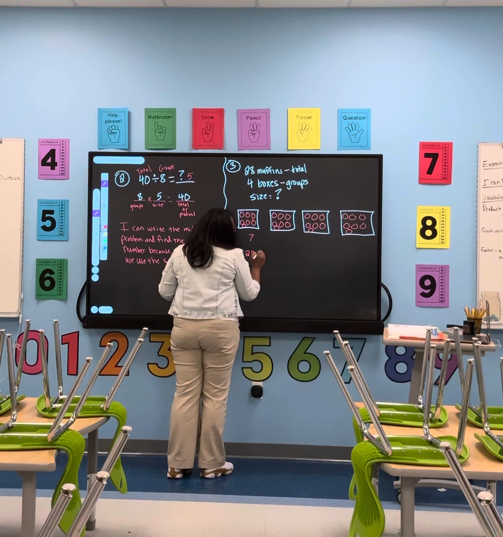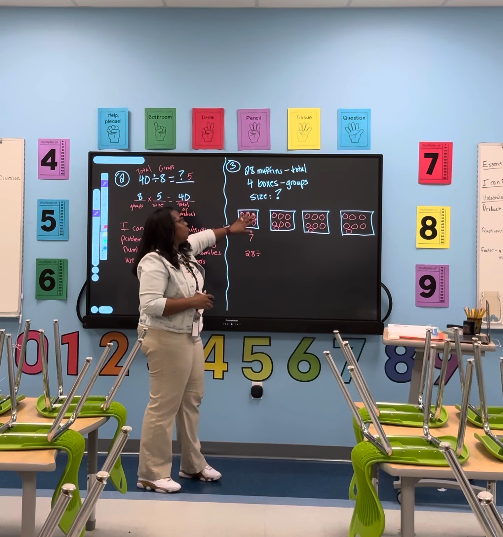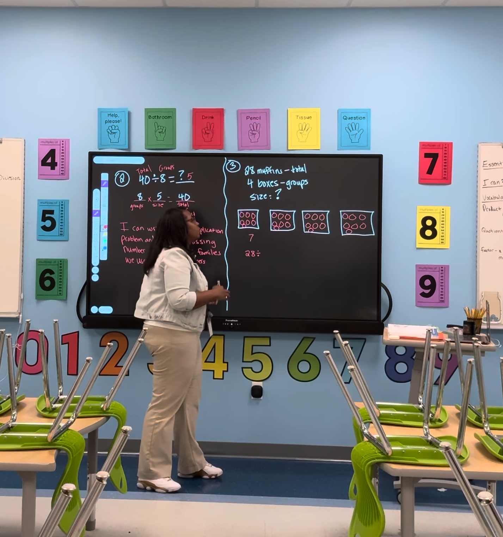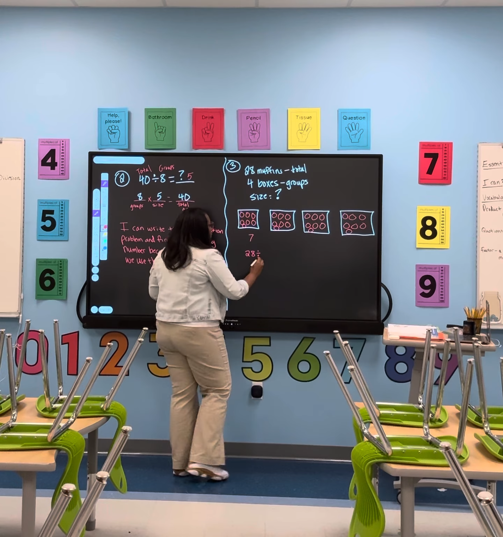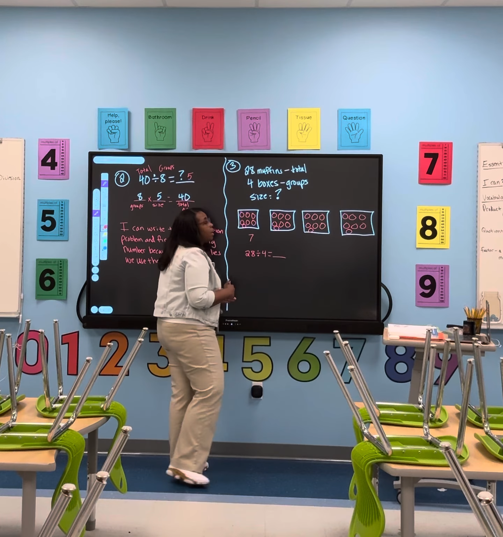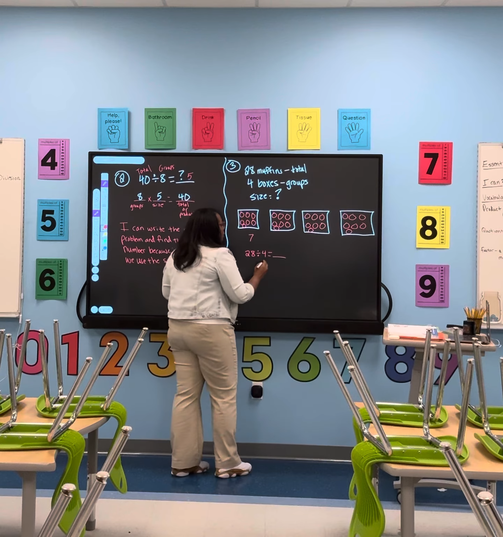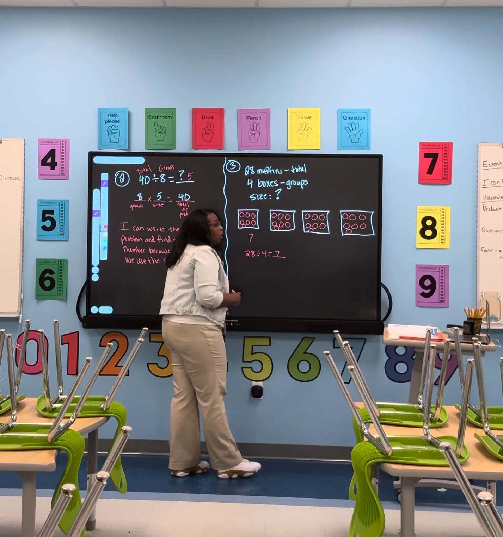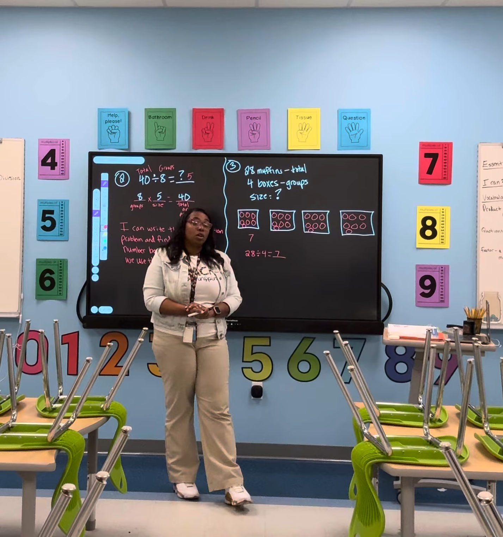So 28 divided by, and then they gave me 4 boxes. So I'm dividing my 28 muffins into 4 boxes. So divided by 4. And we found out that inside of each of my boxes was 7 muffins. So this will equal 7. Okay? Now, that's all you have to do for that equation.